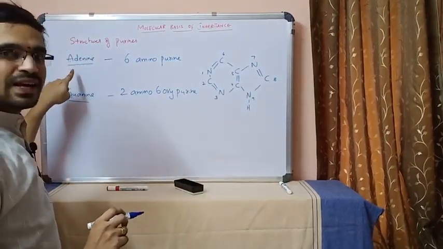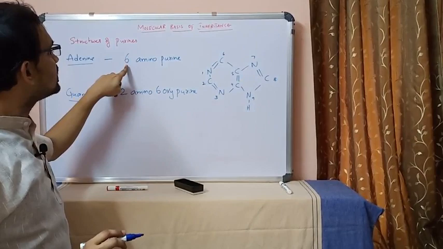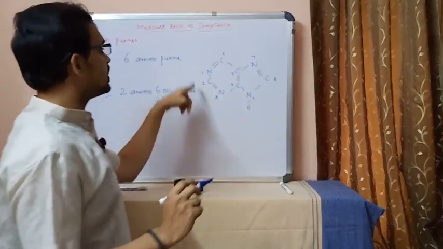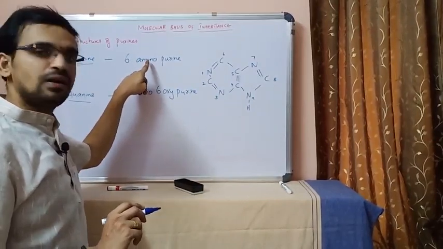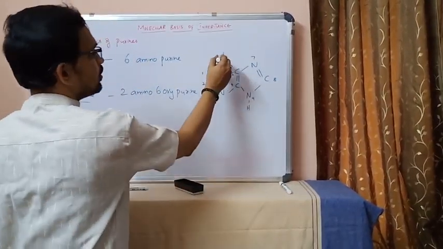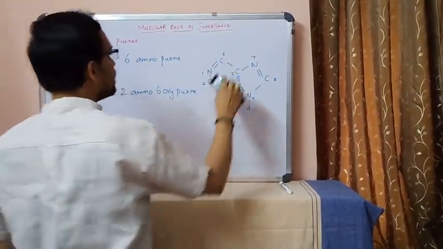So what is adenine? What is the chemical name of adenine? 6-amino purine. So this is the structure of purine. At the 6th position, you should incorporate an amino group.